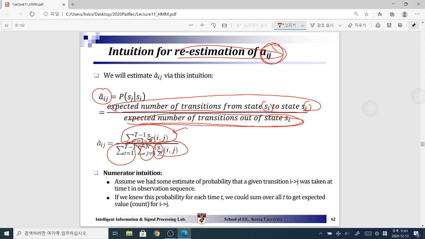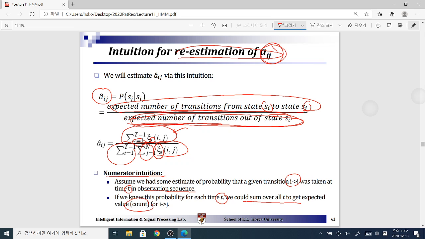So as far as the numerator intuition is concerned, what it essentially means is that if we had some estimate of the probability that a given transition i to j was taken at time t in the observation sequence, and we knew this probability for each time t, we could sum over all t to get the expected value.